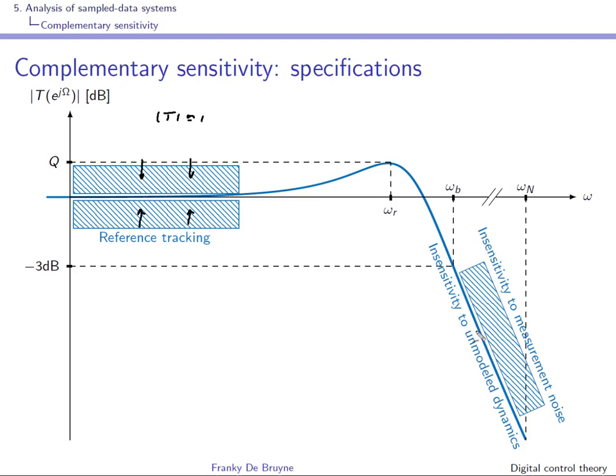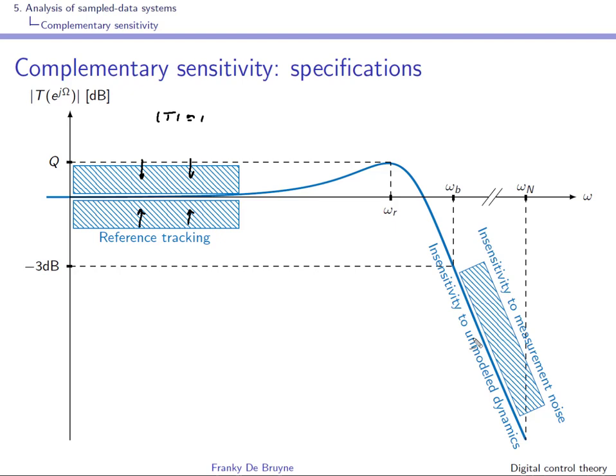We also have to impose this roll-off above the bandwidth frequency to make sure that we are insensitive to unmodeled dynamics, so parts of the process that we have not taken into account in our model.